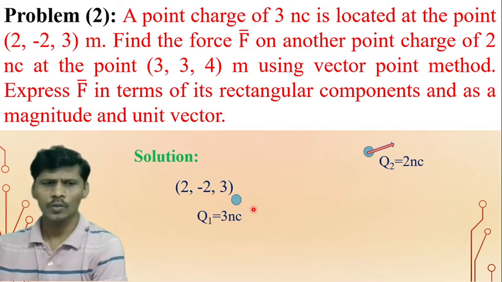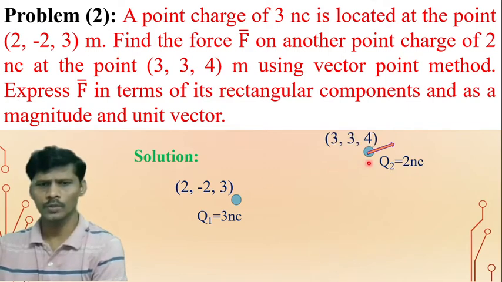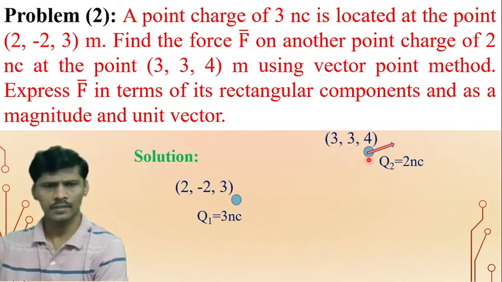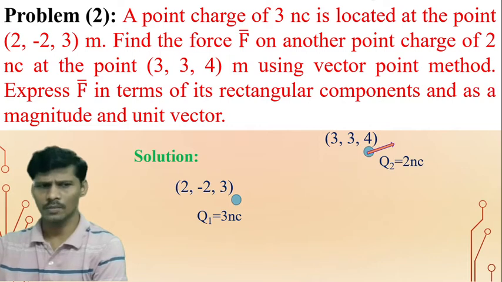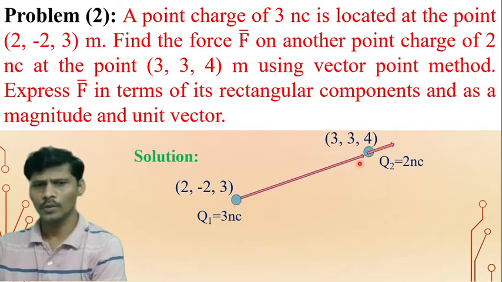The 3 nanocoulombs charge is located at (2, -2, 3) meters and the 2 nanocoulombs point charge is located at (3, 3, 4) meters. After that, draw the vector line from charge Q1 to charge Q2.